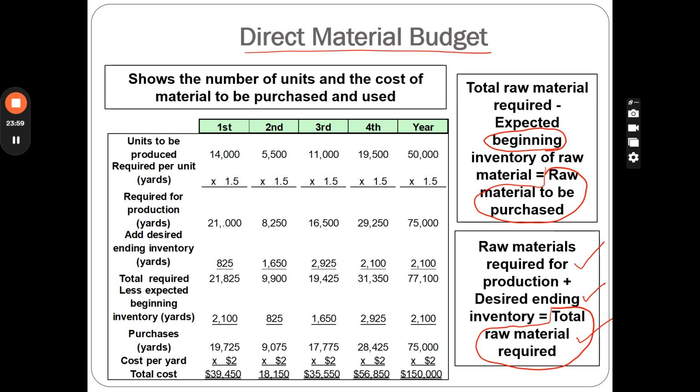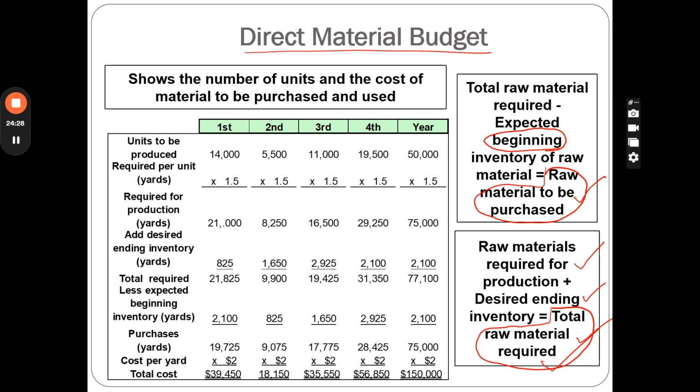So again, same as the production budget, first we will see how much material is needed to complete the production and what is the desired ending inventory. If you add that together, you will get raw material required for the period. From that minus the beginning inventory of raw material, then you will get exactly how many units I have to purchase for the period.